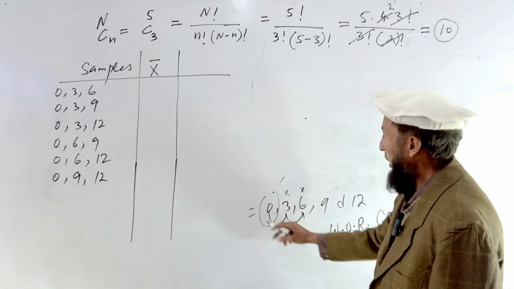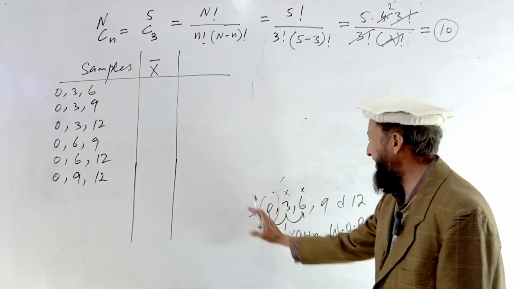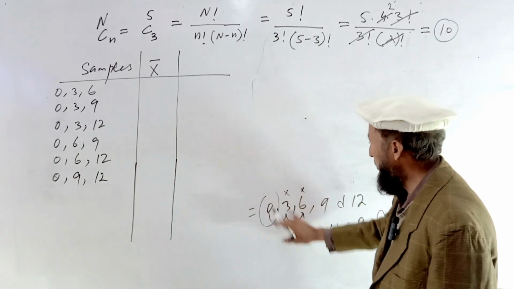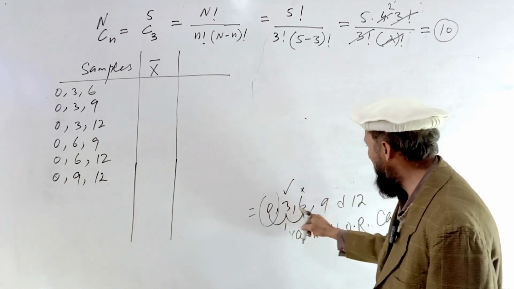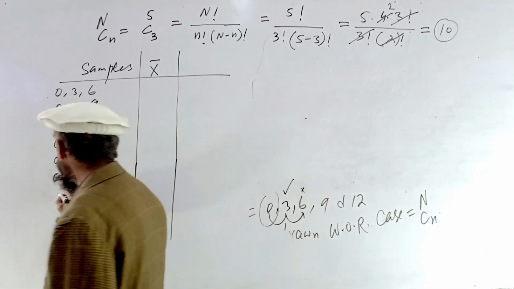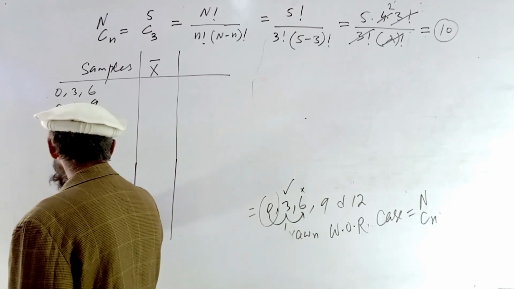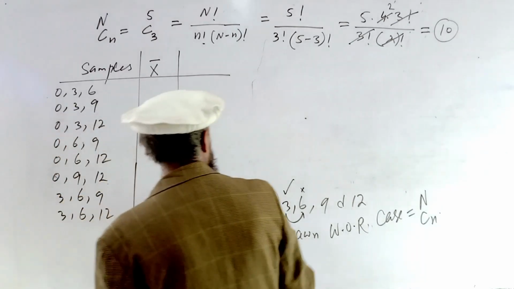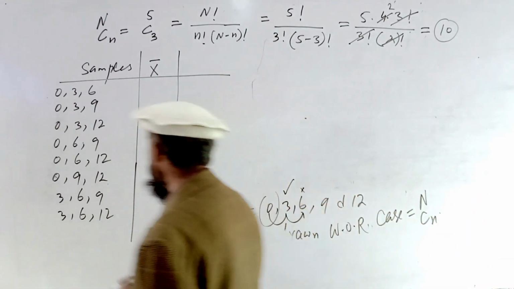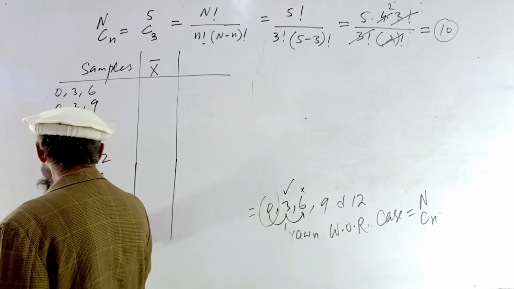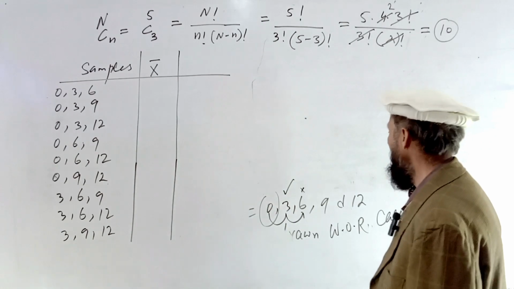Now 0 is finished, and the reverse process is not possible, so we go forward. We start from 3: 3, 6, 9; 3, 6, 12; 3, 9, 12.